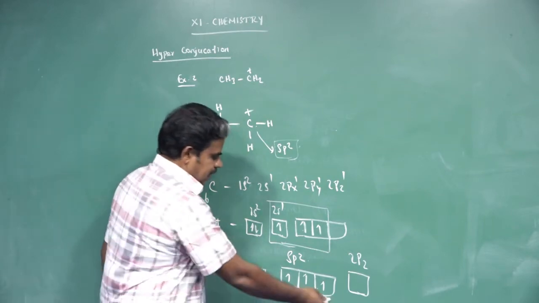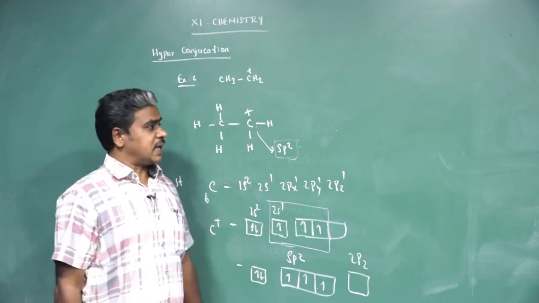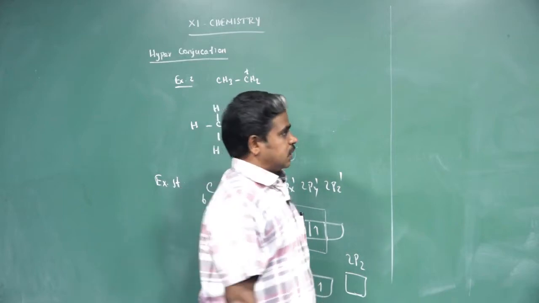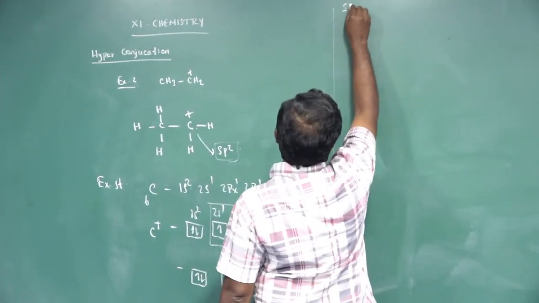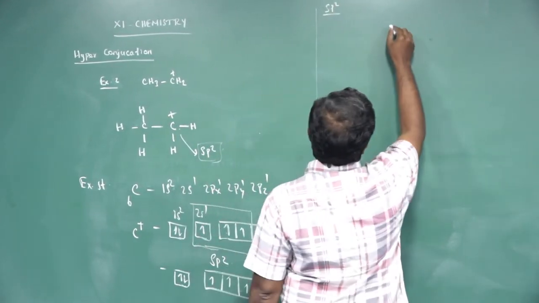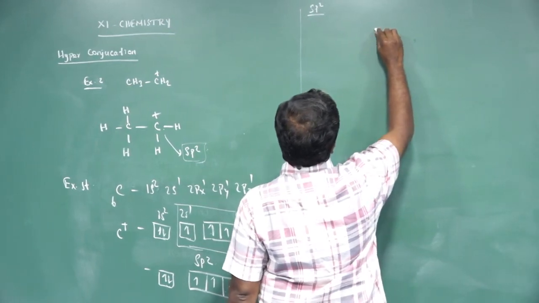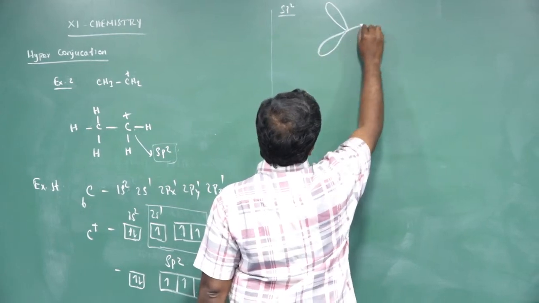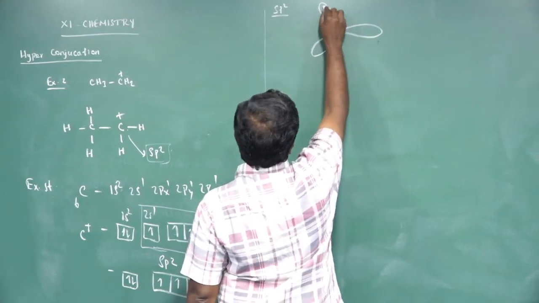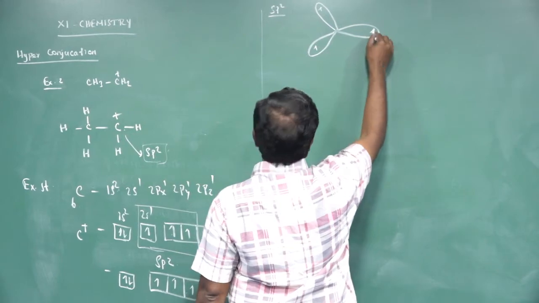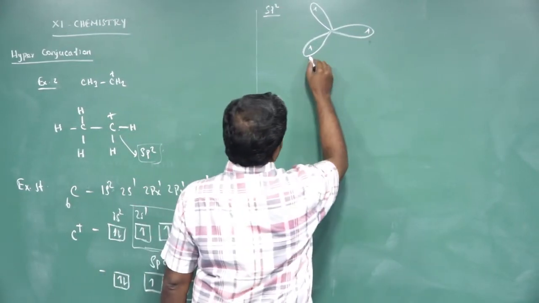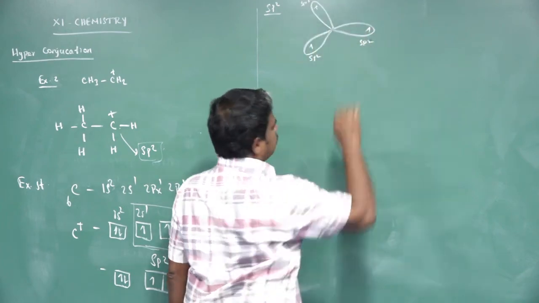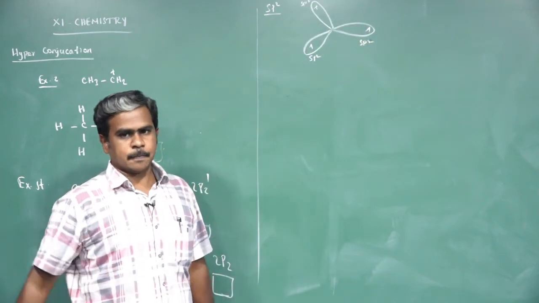Now we may take the shapes of the sp2 hybridized orbitals. So this is the sp2 hybridized orbital. Here 1 electron, 1 electron and 1 electron, then it is sp2, here also sp2, and here sp2. They occur in one plane.